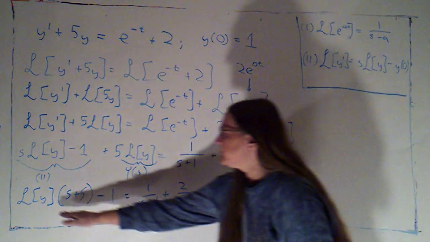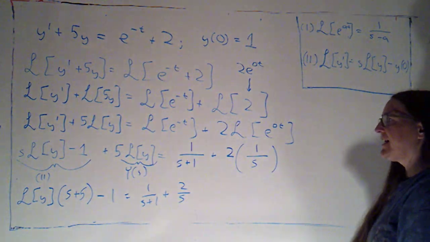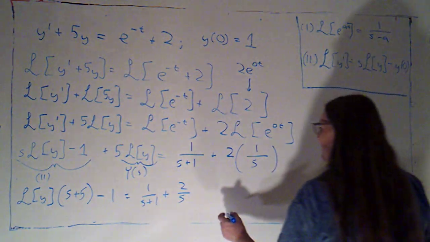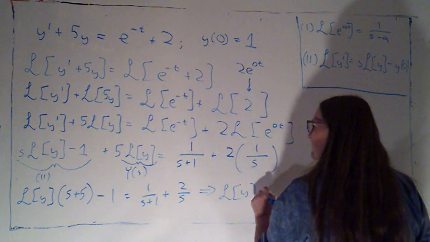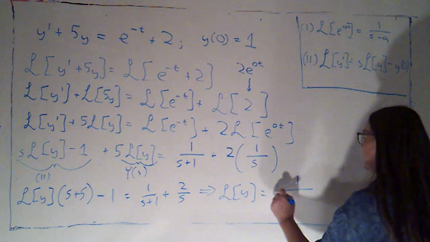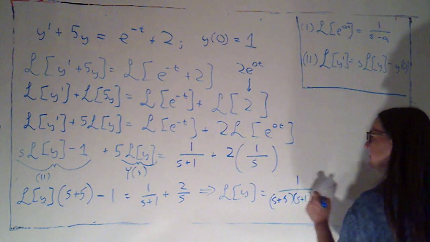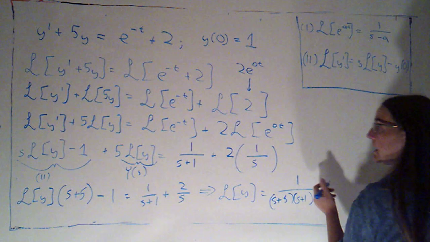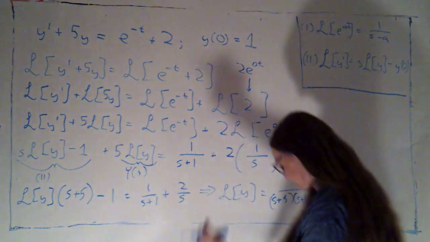Well, to solve for the Laplace transform of y, all I need to do now is just divide by s plus 5. So this is going to mean that the Laplace transform of y is going to equal 1 over s plus 5 times s plus 1, plus, oh, I'm sorry, I have to do two things.